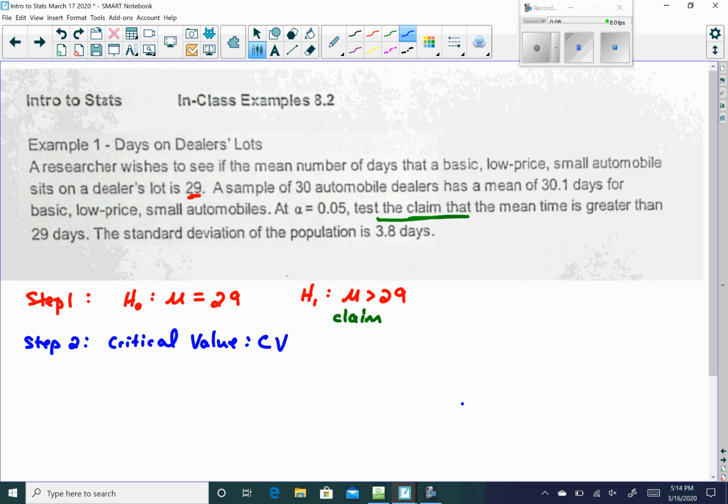If you sketch a picture of the normal distribution here, with alpha being 0.05 and with this being greater than, this is a right-tailed test. So over here, this is our alpha equals 0.05. This is also the rejection region, or the critical region.